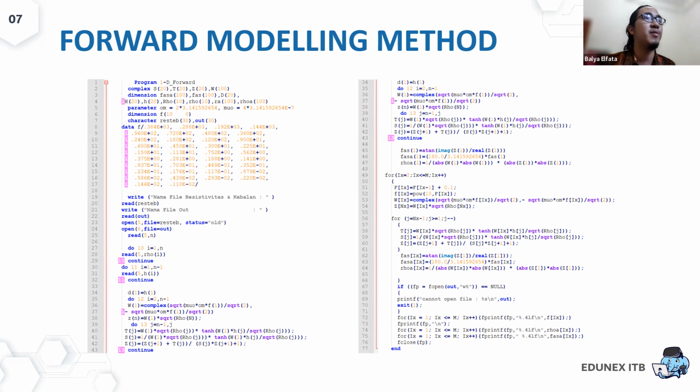For the frequency, we have 18 frequencies here, and we're going to analyze 20 or fewer layers. So W and Z are arrays with a maximum of 20 values. And the rest is just converting the equations from the previous slides into Fortran.